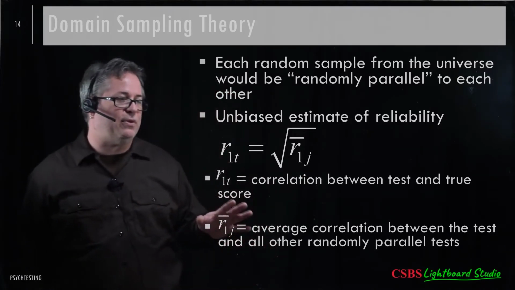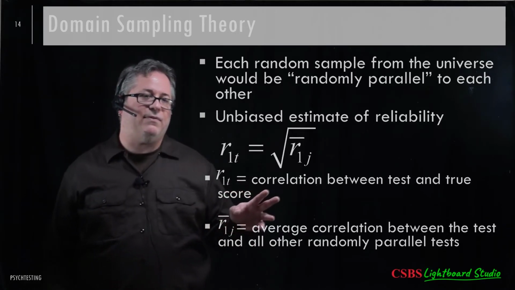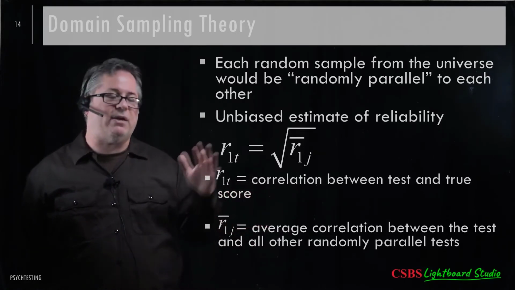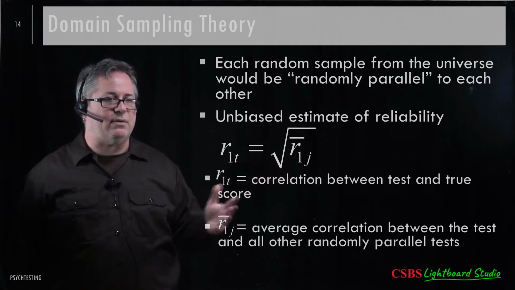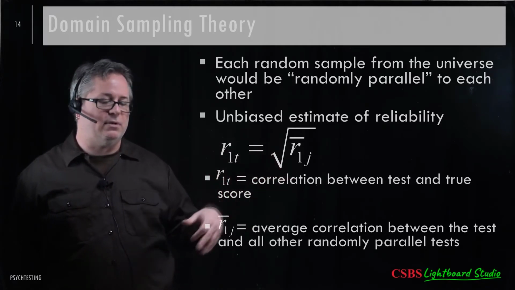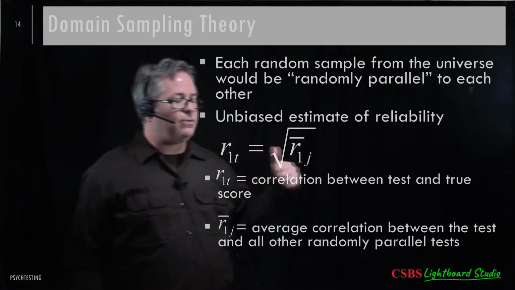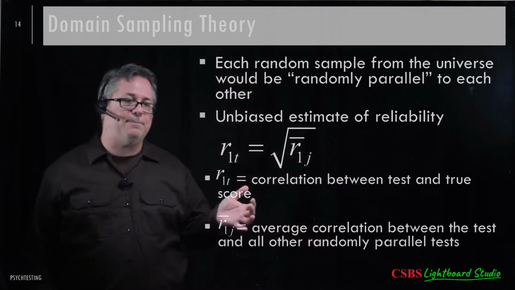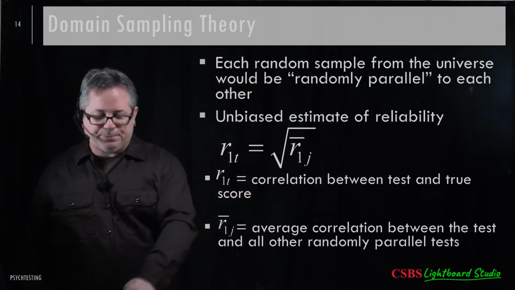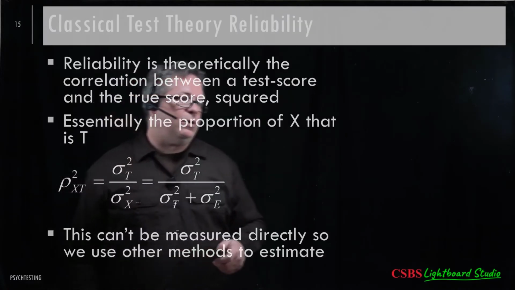Of course, nobody's going to do this. If you already have a domain created of all these items, doing all this seems crazy, right? It'd be overkill. But it's a first step, theoretically. If we were able to do this, this is how we would figure it out. So we're not going to do that, obviously.